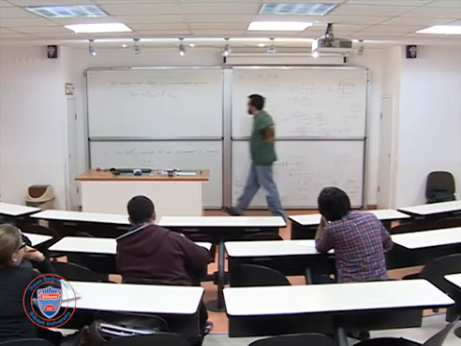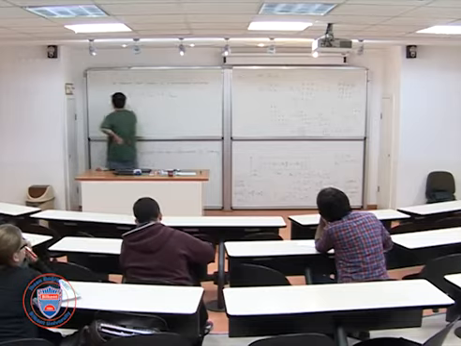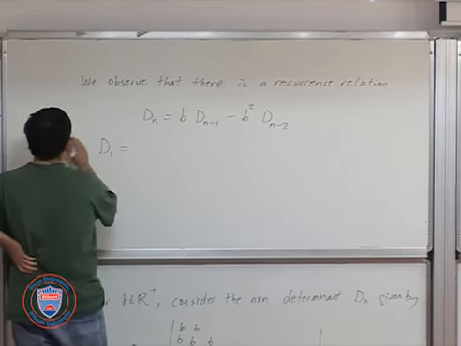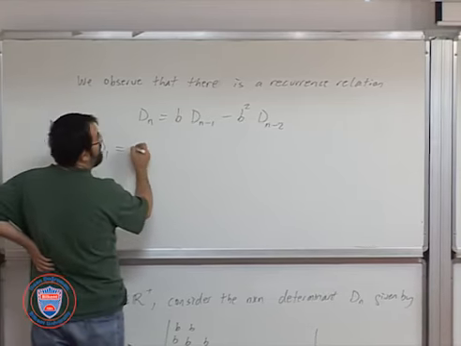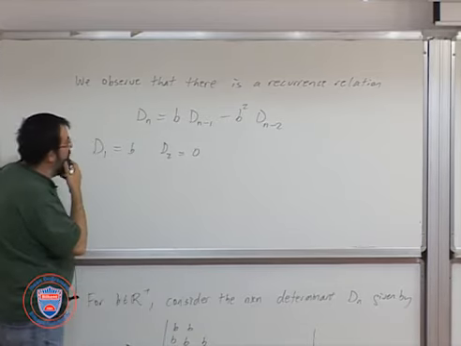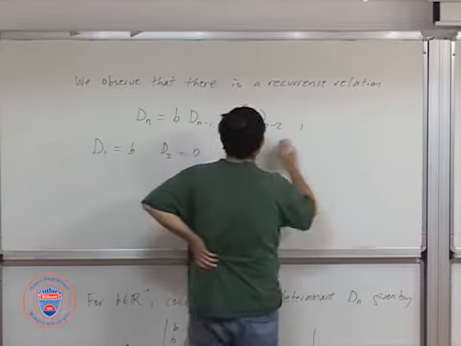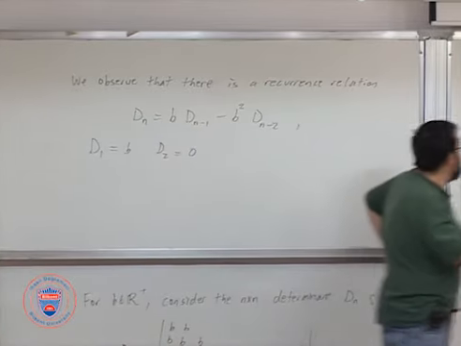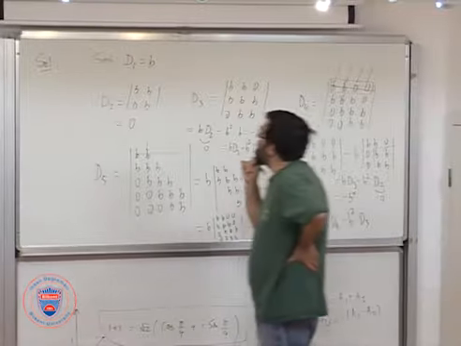So we can say d1 is b, d2 is 0. You can take these two values, and then you can say the recurrence holds for these values.